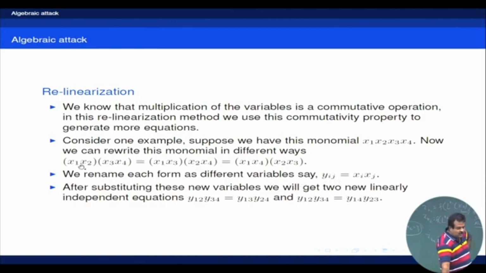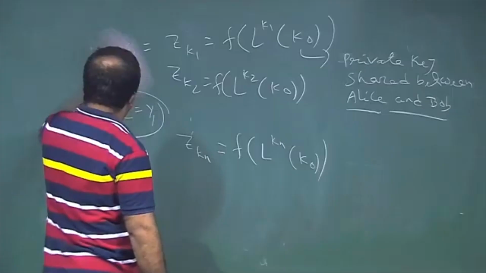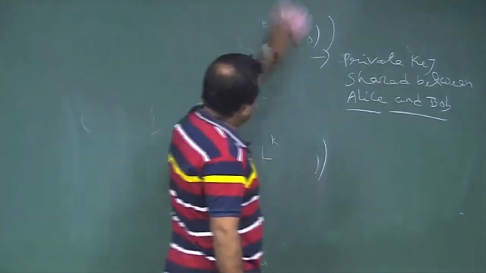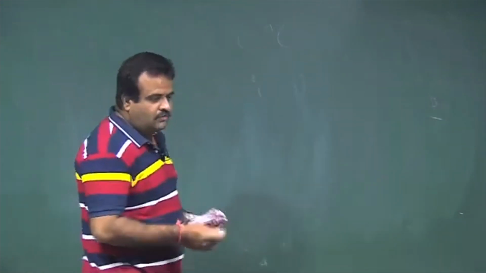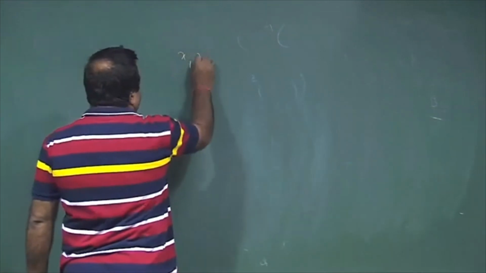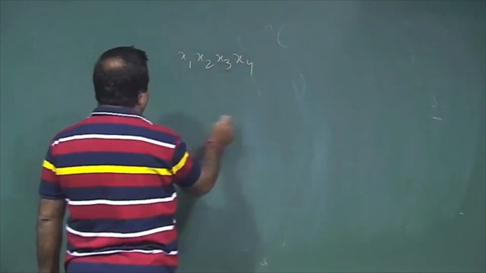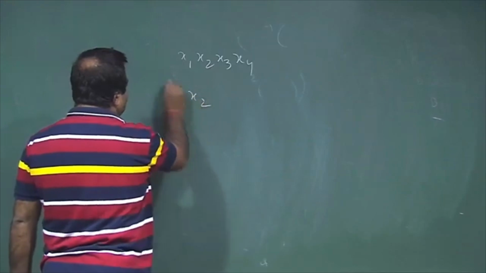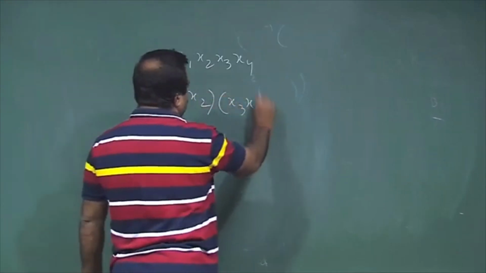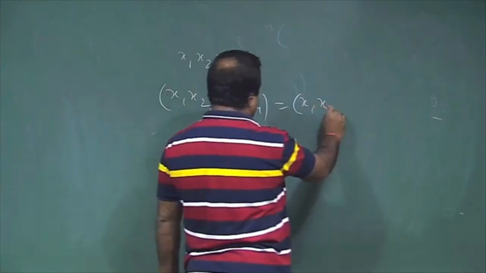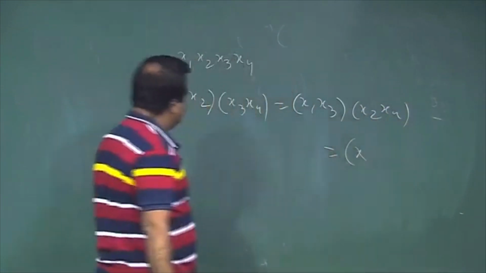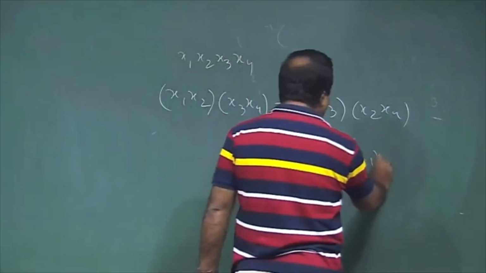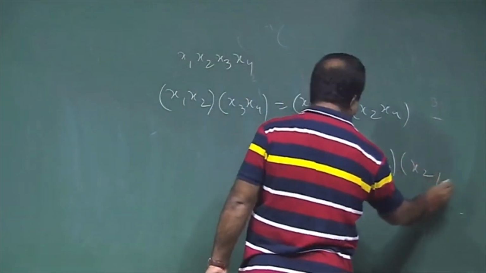So we denote y12, y13 and so on. If we have the term x1 x2 x3 x4, this can be written as x1 x2 times x3 x4, or the same as x1 x3 times x2 x4, or the same as x1 x4 times x2 x3.